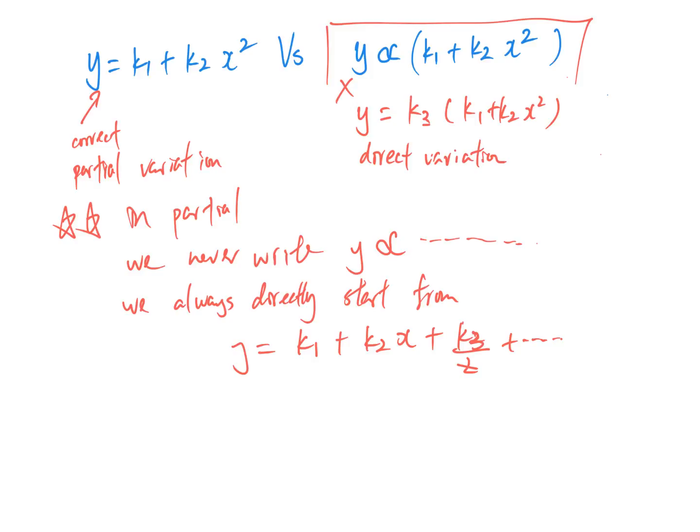And we will not write something like the other form anymore in partial variation. That's the one thing that you really need to pay attention to, otherwise you will get it all wrong.